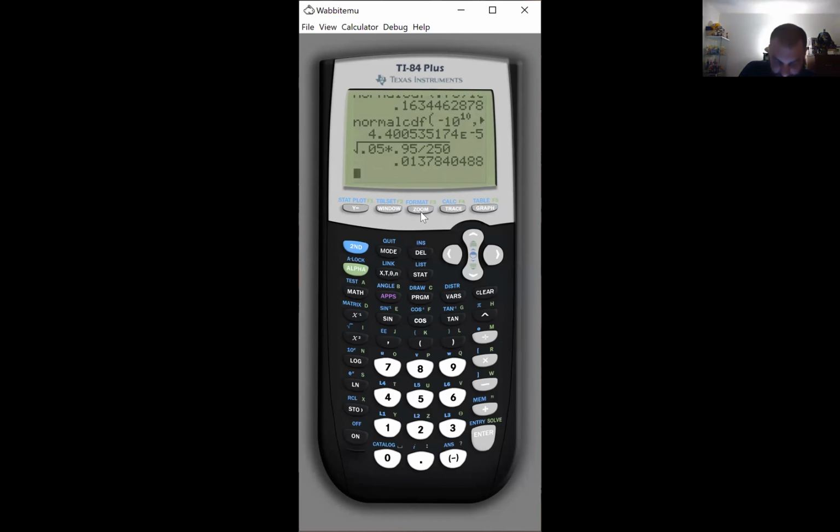I get 0.0138. Any questions so far how I got that? Okay, so now we're gonna go ahead and check to see, for this problem, do they tell us our distribution is normal?